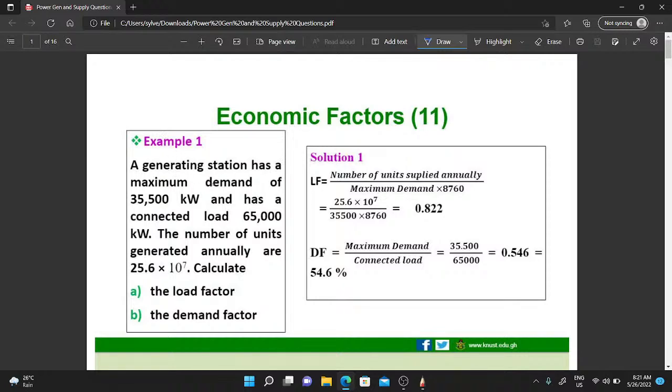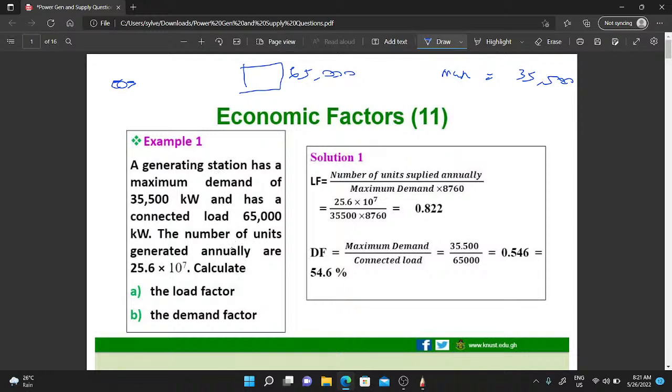So a generation station has a maximum demand. You've been given the maximum demand to be 35,500, and it has a connected load. So you are generating here, then the connected load to that generator is 65,000 megawatts.